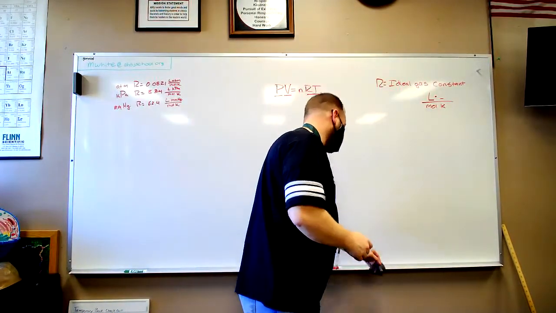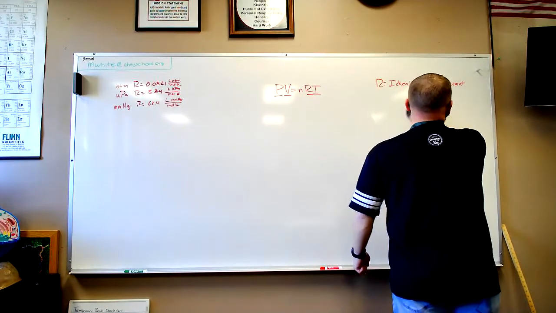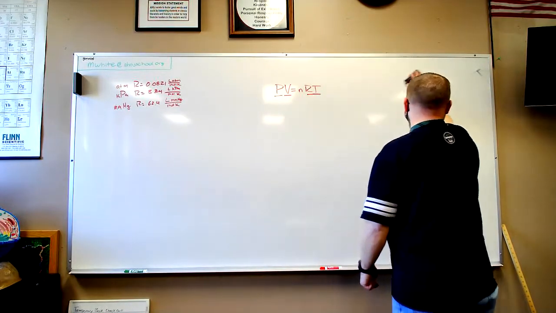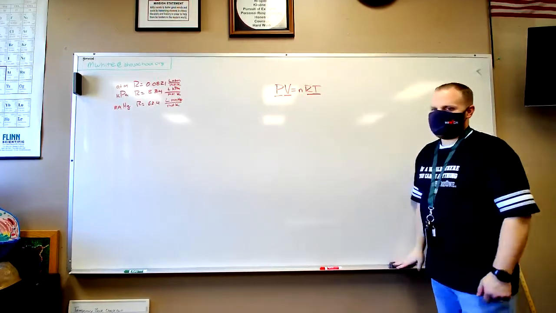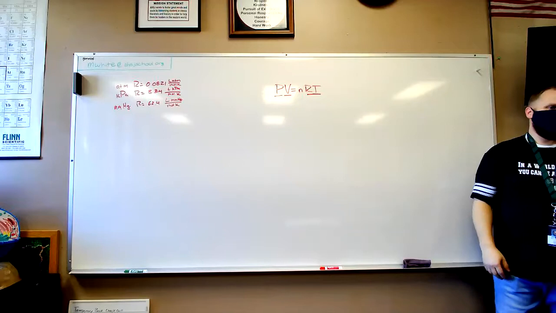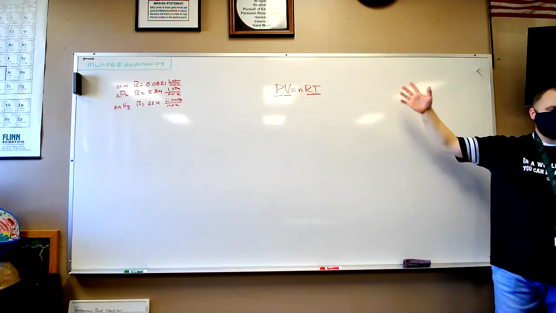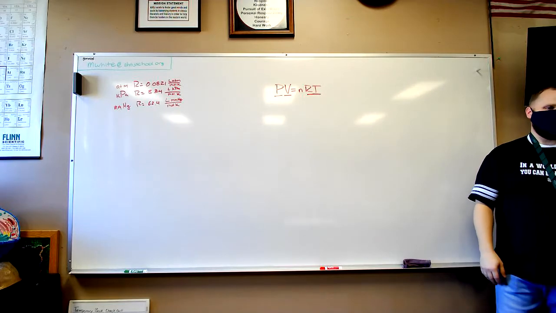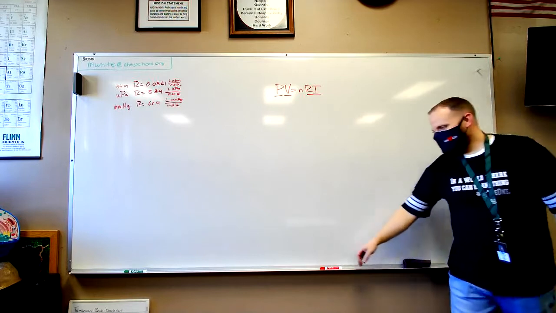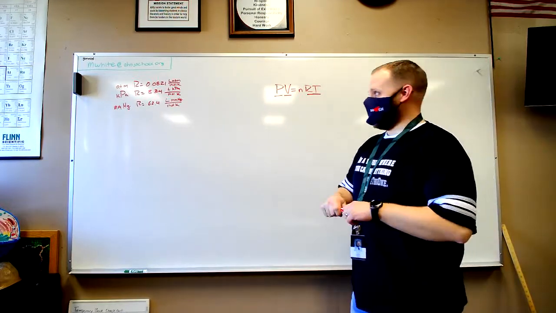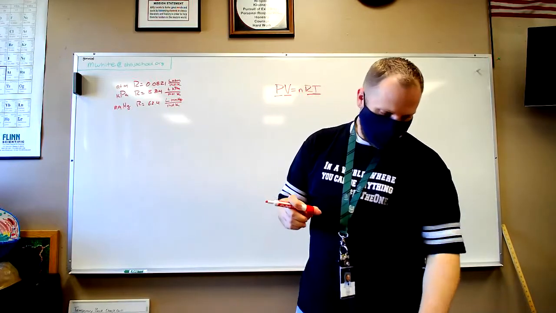So, let's do an example. The nice thing is, it really is a whole lot like Monday's class. You're going to be given all but one and asked for the final one. That's really all it is. It's going to be more of the same like what we did on Monday.